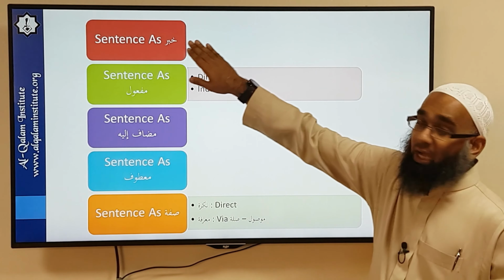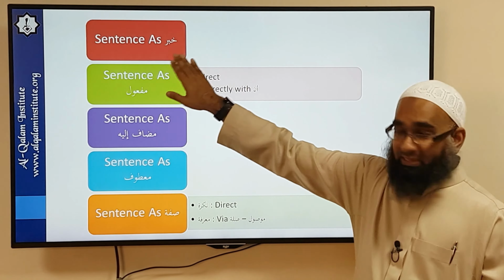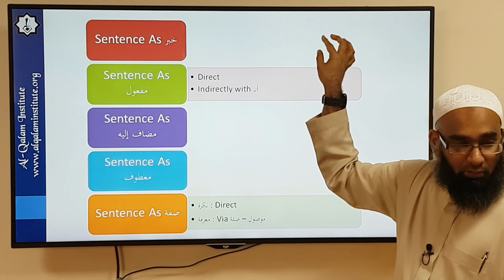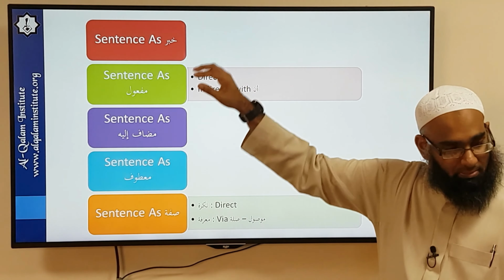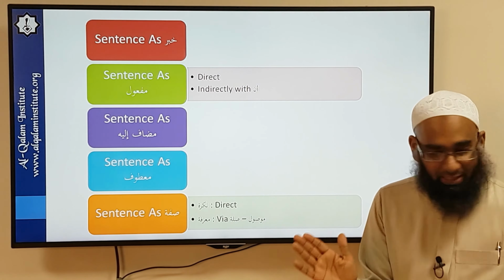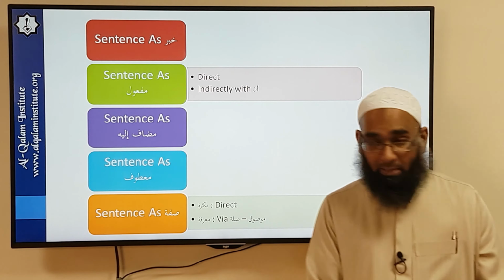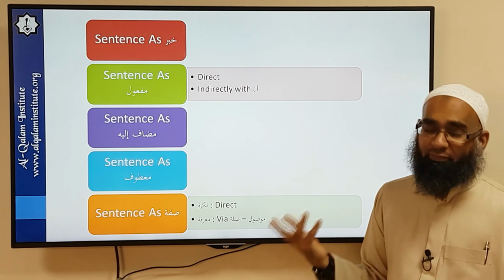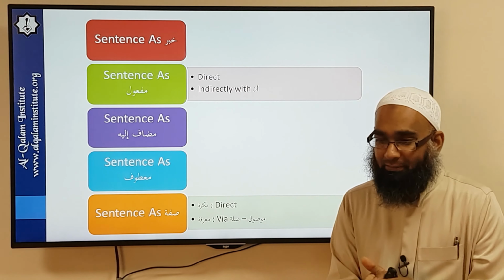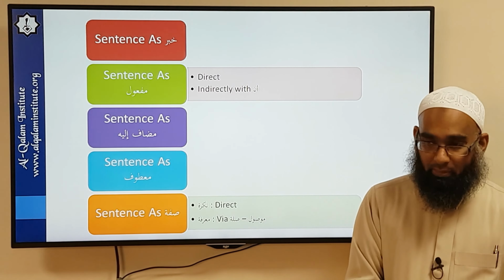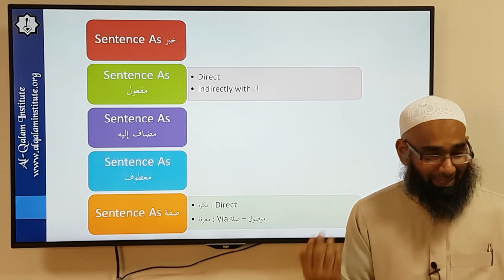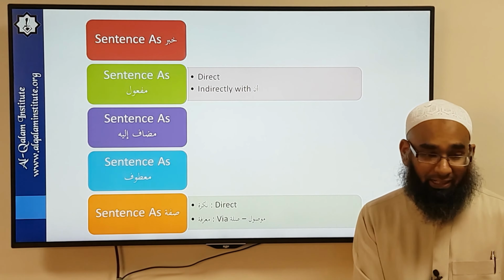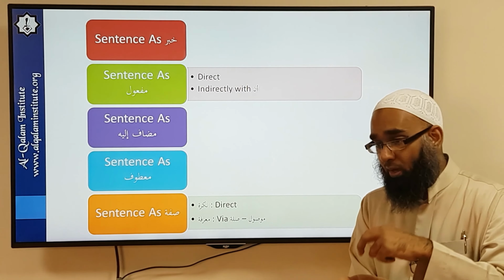So a sentence can be what? A khabar. For example, Zaidun yadribu, Zaidun yasma'u. That comes direct, nothing to be added on. Or the sentence can be a maf'ul. The whole sentence becomes a maf'ul, coming directly, for example when the verb is qala, he said. So the whole quotation becomes the maf'ul. Or it comes indirectly, where we have to add the particle, when there's any verb apart from qala.